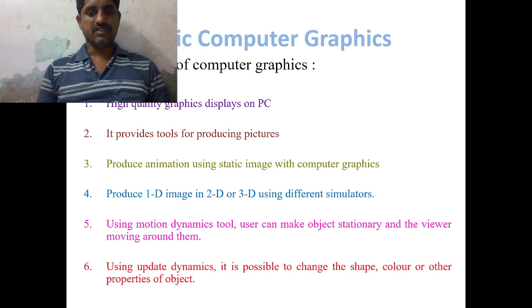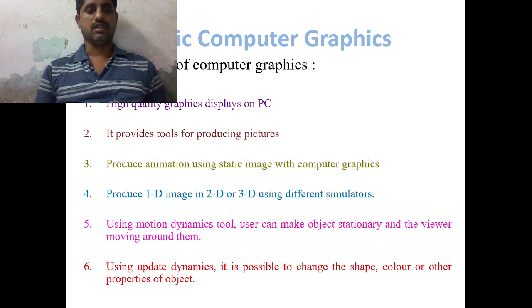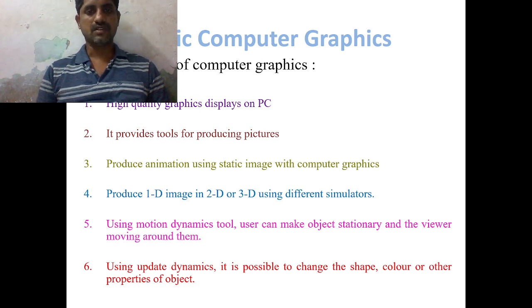Also, using update dynamics, it is possible to change the shape, color, or other properties of the object at runtime. So these are the main objectives of computer graphics: provide graphics quality, provide tools, produce animation, and produce 2D or 3D images. Using motion dynamic tools we can change the objects, and using update dynamics we can change the shape, color, or other properties of the objects.